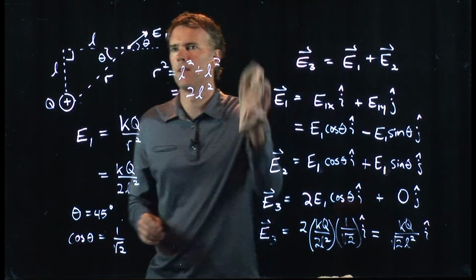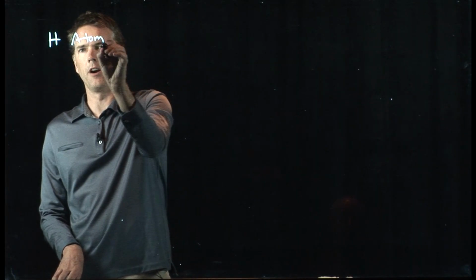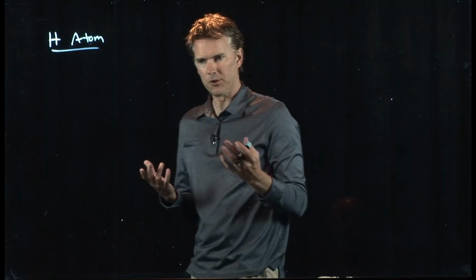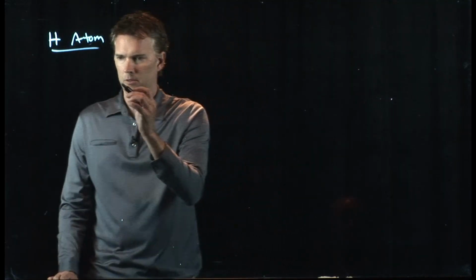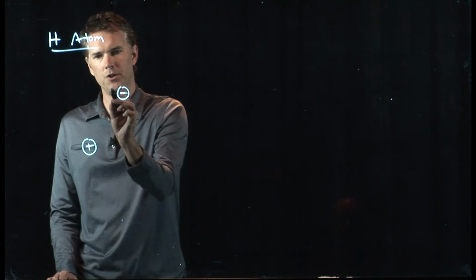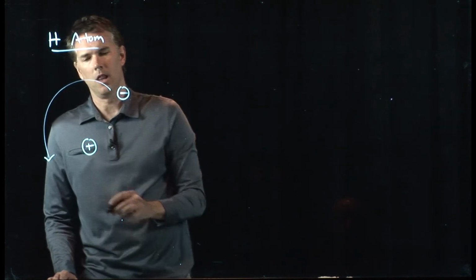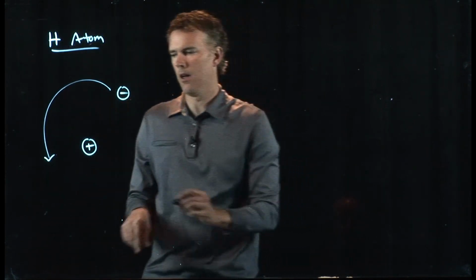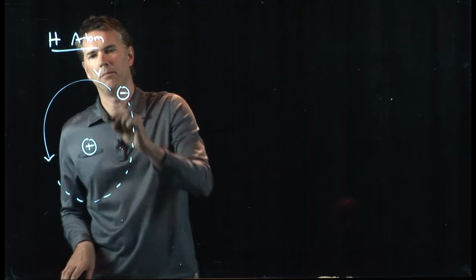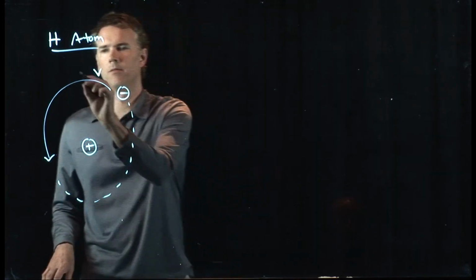All right. Let's think again about the hydrogen atom for a second. This is one of our favorites because it's number 1 on the periodic table and all others are 2 or lower. So what does a hydrogen atom look like? Looks like this. Positive charge, negative charge, electron swirling around the proton at a speed v.